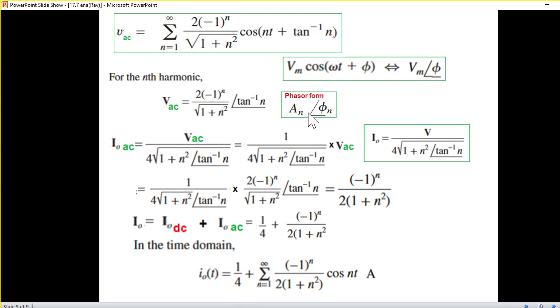So if we have A n and phi n, or let's say V m and phi, then in the time domain it will be V m cosine omega t plus phi. Now in our case, this signal does not have any angle phi. Therefore, cosine omega t plus, no need of writing phi, it will be 0. So this is the answer. A is for the ampere.